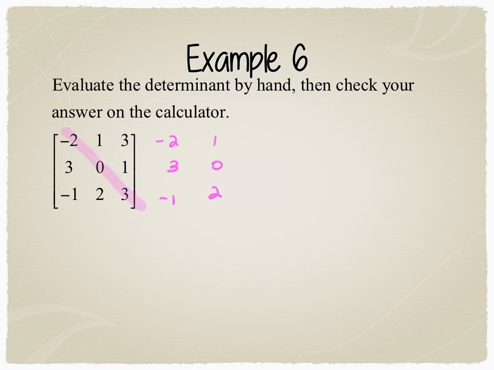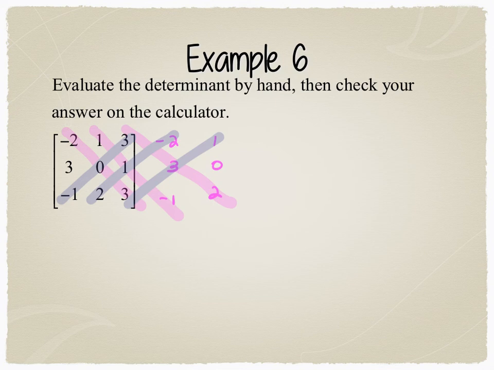And then you're going to multiply down, top left to bottom right, add those together, and then multiply down, top right, bottom left, add those together, and then do the first minus the second. So I'll let everybody work it out a little bit, and then I'll go over that.